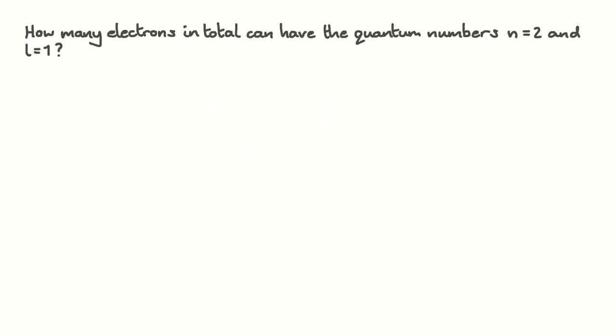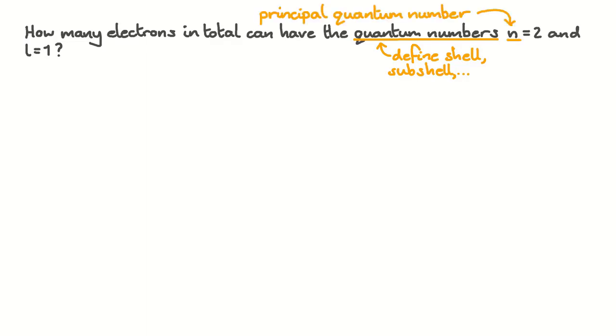How many electrons in total can have the quantum numbers n equals 2 and l equals 1? Quantum numbers are numbers we assign to electrons to describe where they are, shell, subshell, and so on. n is the symbol given to the principal quantum number. If n equals 1, we're looking at the first electron shell. If it equals 2, we're looking at the second.